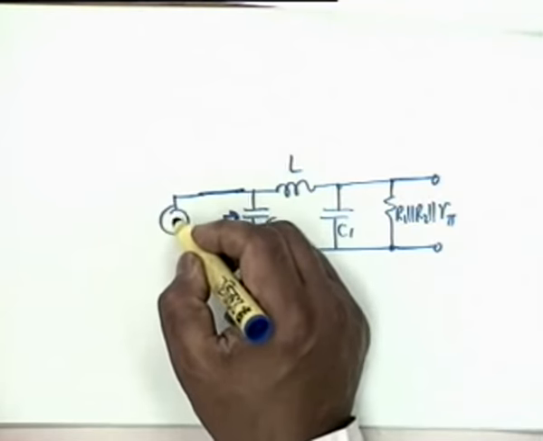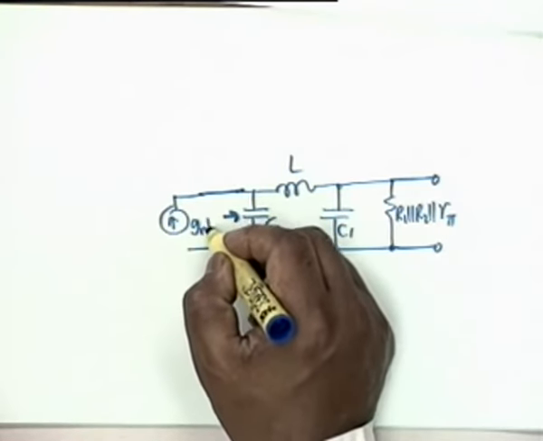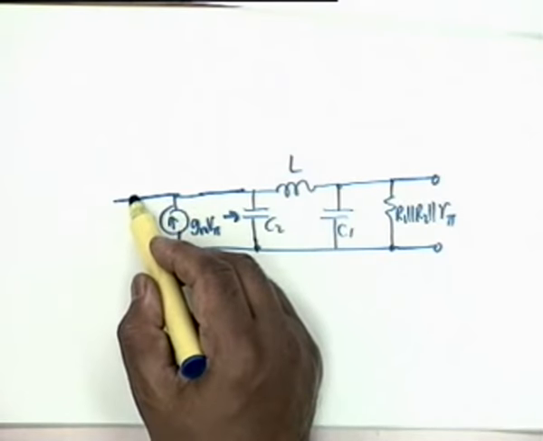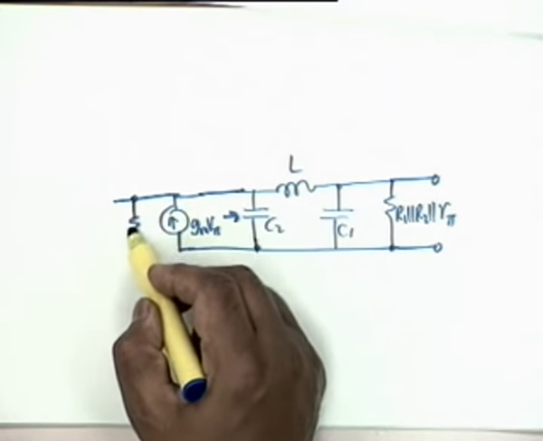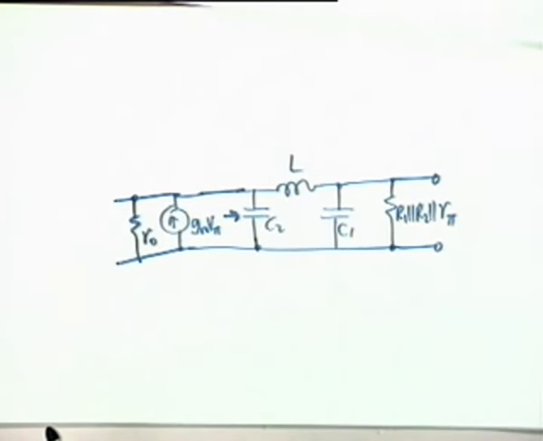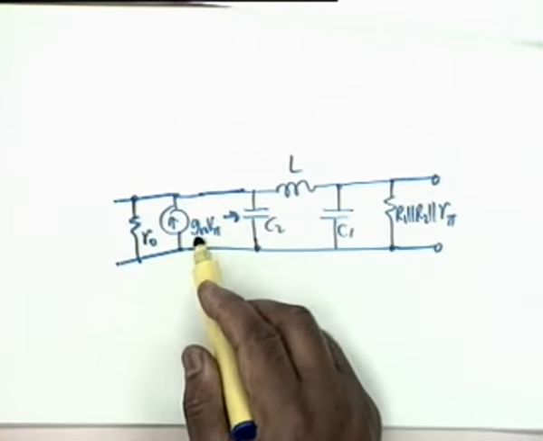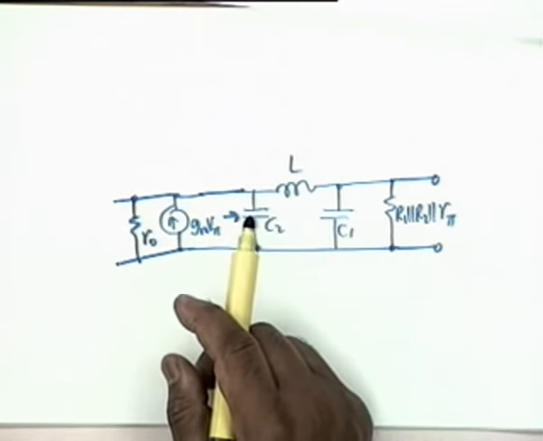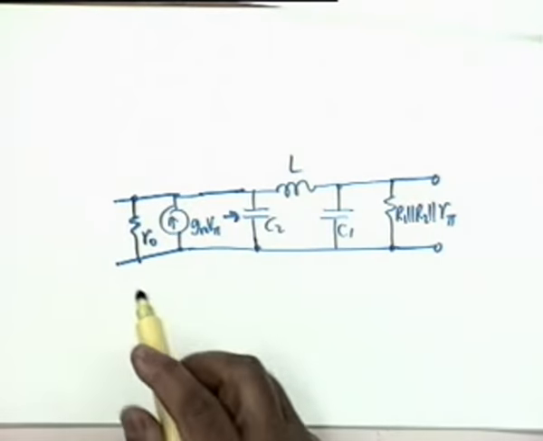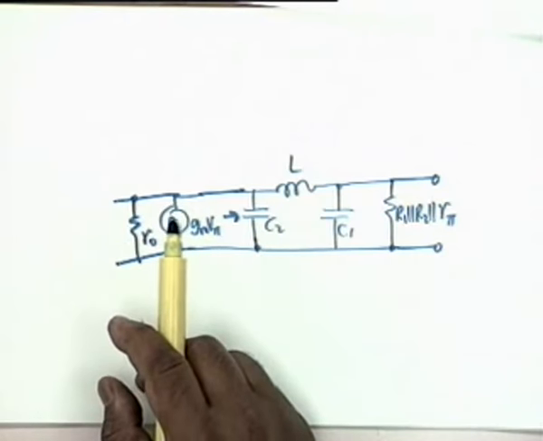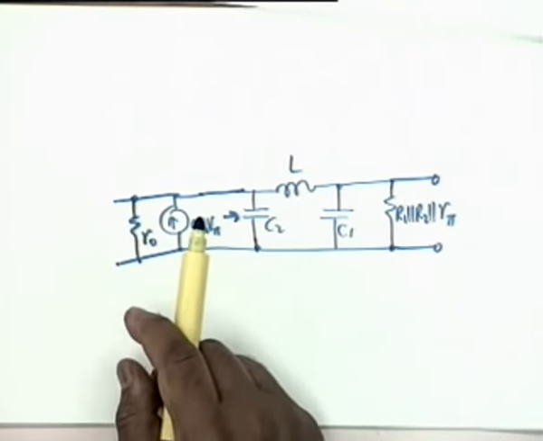We have a current generator gm V pi in parallel with R naught. This is what gives the output impedance, and you see the output impedance is far from being negligible. Agreed? But as you know, the output impedance does not affect the condition for oscillation, neither does it affect the gain requirement.